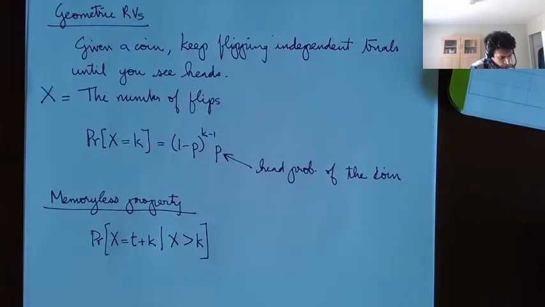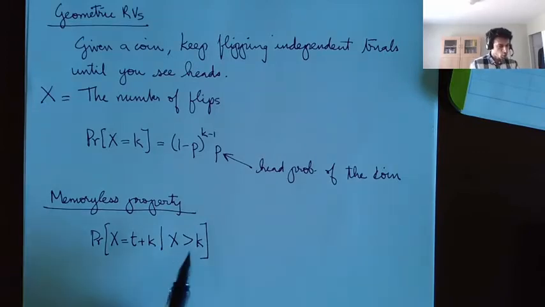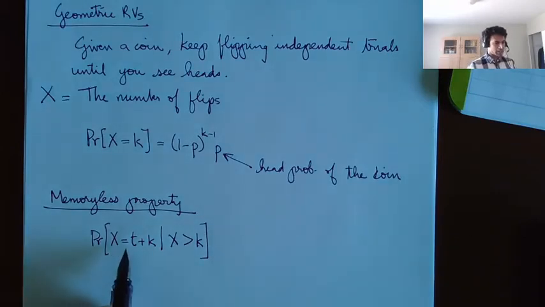Any thoughts, any guesses here? You did a bunch of coin flips and have not seen a heads up to k trials. What is the probability that you are going to see a heads at exactly t plus k? Does this make sense?